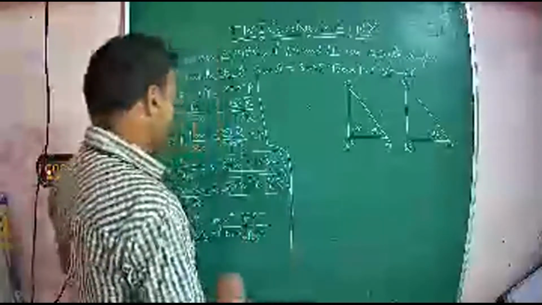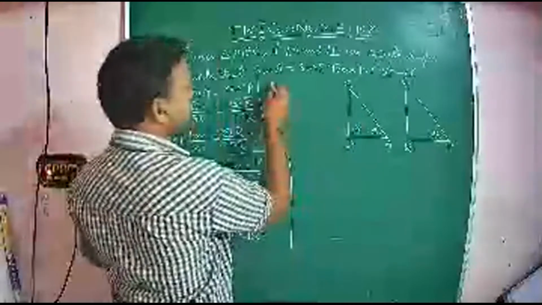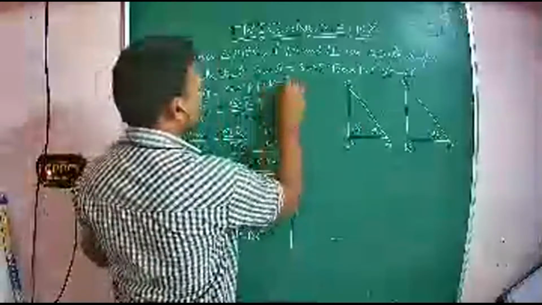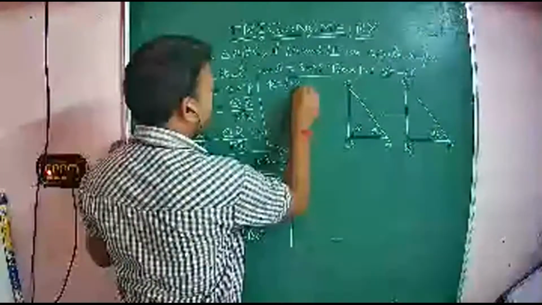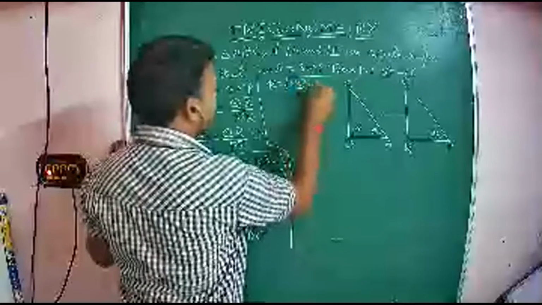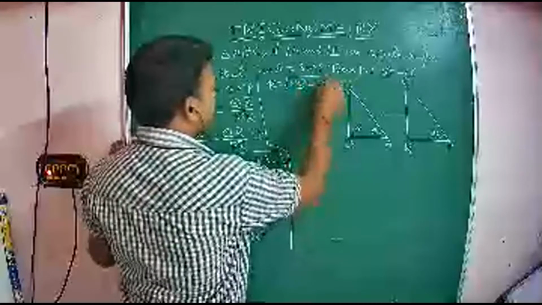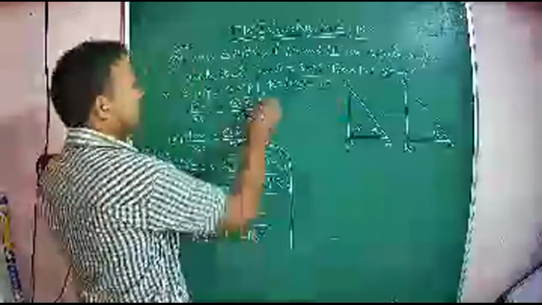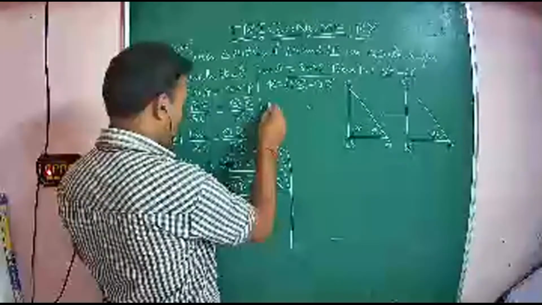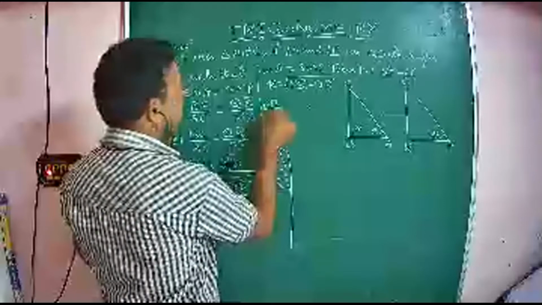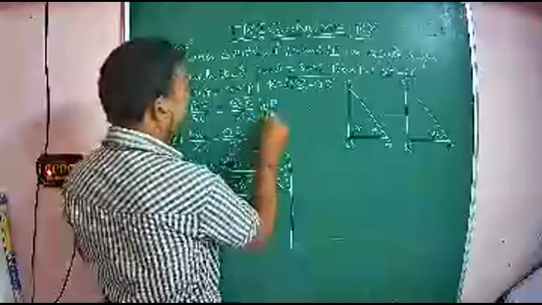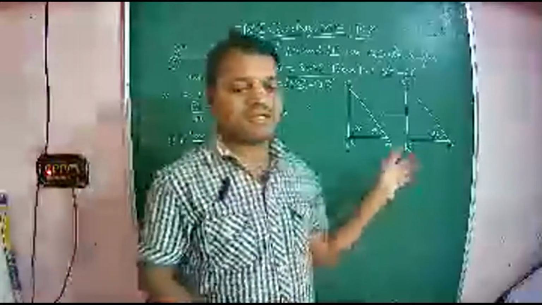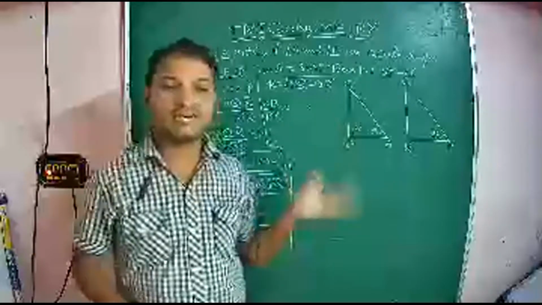Clear? Similarly in triangle PQR, PQ equals the square root of PR square minus QR square. Now I am taking AB by PQ, because first of all I want to prove that the corresponding sides are proportional.